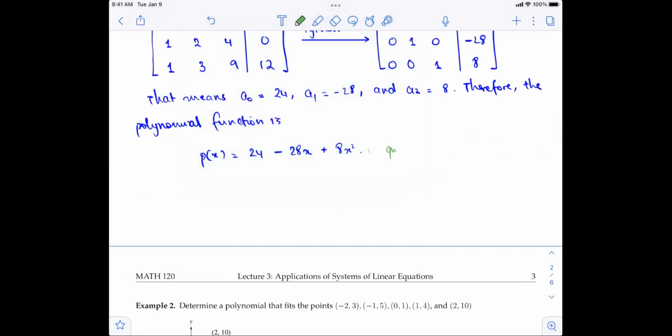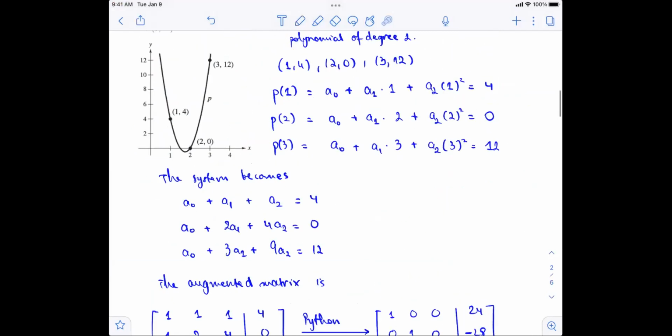This is called a quadratic function. And the graph of a quadratic function is a parabola. And you can see that the parabola fits these 3 points, right? So which is good. So that's it for this problem, for this example.